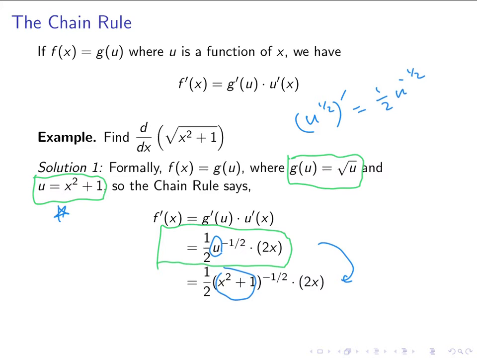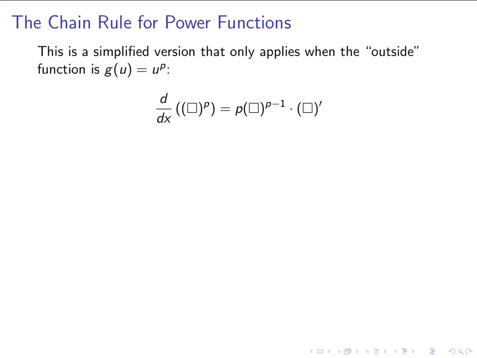And so instead of memorizing one general chain rule, some people find it easier to just remember sort of the chain rule versions of each of the derivative rules that they already know. So here's what I mean by that. So if I'm thinking about the power rule, in other words, if my outside function g of u is just u to a power, p, then this is what the chain rule says.